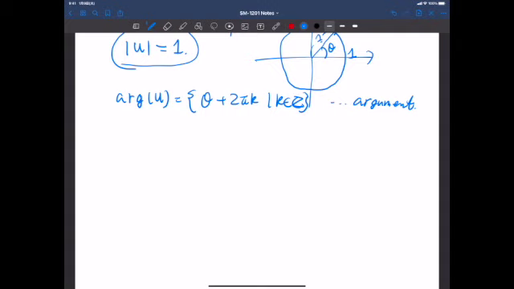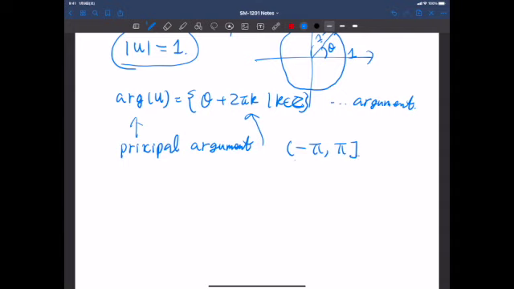The principal argument is an element of the argument, the element of this set within this range: negative pi, excluding negative pi but including positive pi.